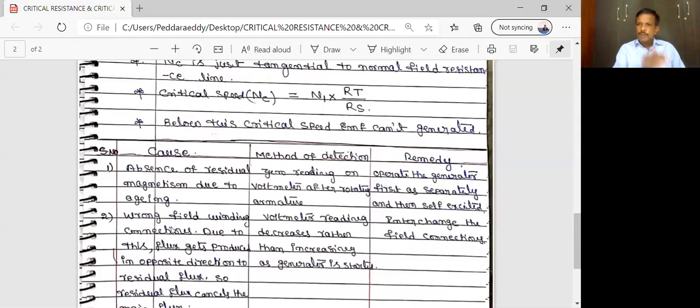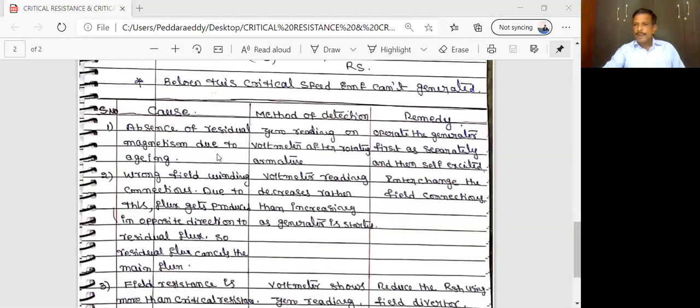So let us see the causes of failure of voltage buildup in a self-excited generator. First one, absence of residual magnetism due to aging. If you use an old DC generator, due to aging the magnets become somewhat weak.